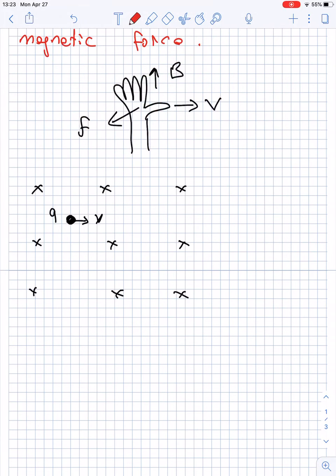We always use right hand rule 2. My thumb shows the direction of the velocity, the magnetic field is into the page so my fingertips point into the page, and my palm shows the direction upwards.